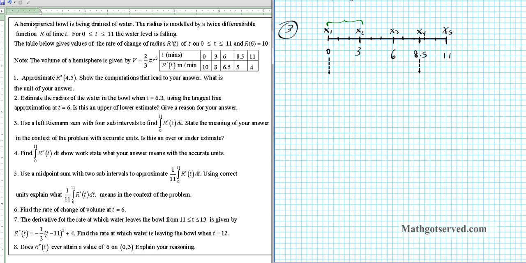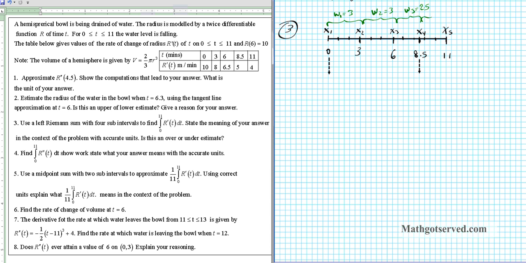So the width between x1 and x2 is w1, and we can clearly see it's 3 units long. Between x2 and x3 is w2, which is 3 units long. And then between x3 and x4, 8.5 minus 6, it's 2.5 units long. w3 is 2.5.